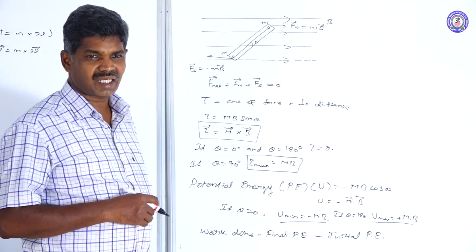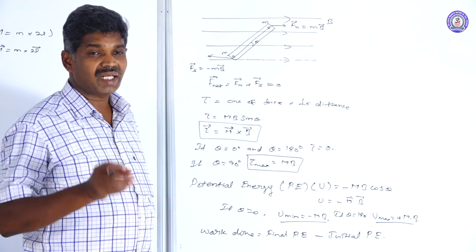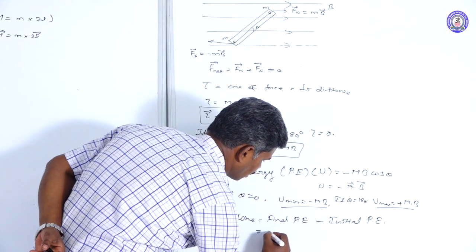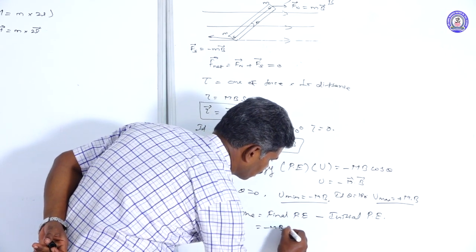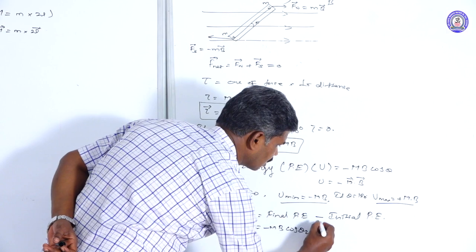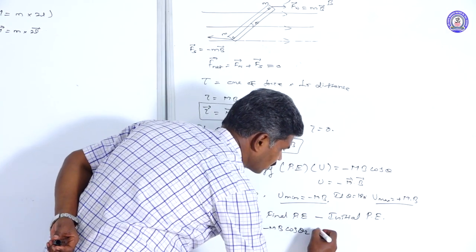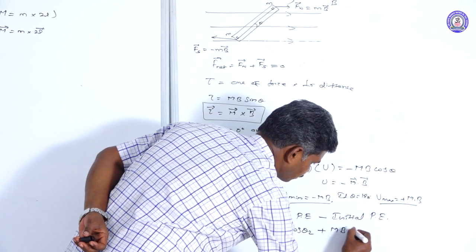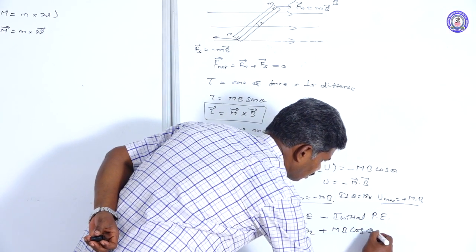Initial can be taken as theta 1, final can be taken as theta 2. Then we substitute minus mB cos theta 2. Here one minus, and in our formula also another minus, minus into minus gives plus mB cos theta 1.